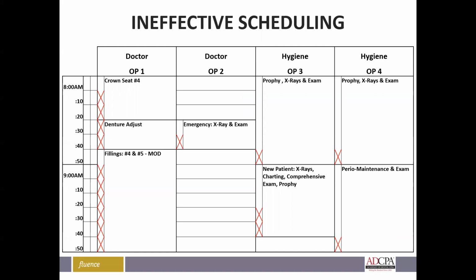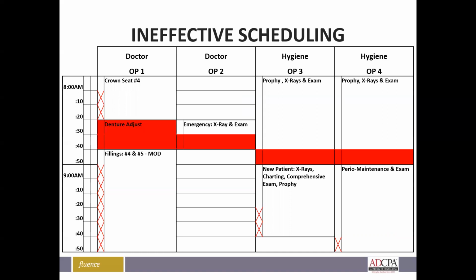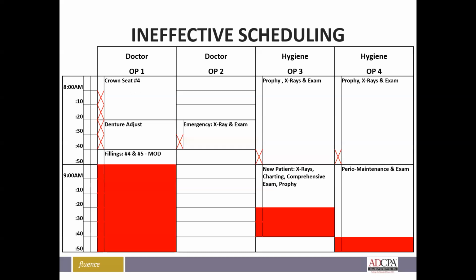And to start to visualize this, in red, you see everywhere where that doctor is needed once that crown seat is finished. By the time we finish the first hour of the day, by the time the doctor gets done with the exams and gets over and completes the hygiene exams, that doctor is going to be behind, probably 15 or 20 minutes. And it's only going to get worse because look what happens in the next hour.